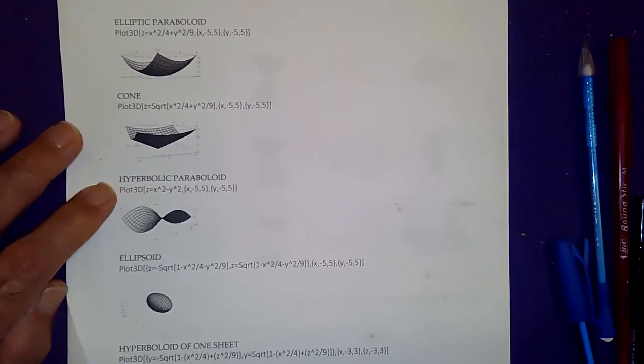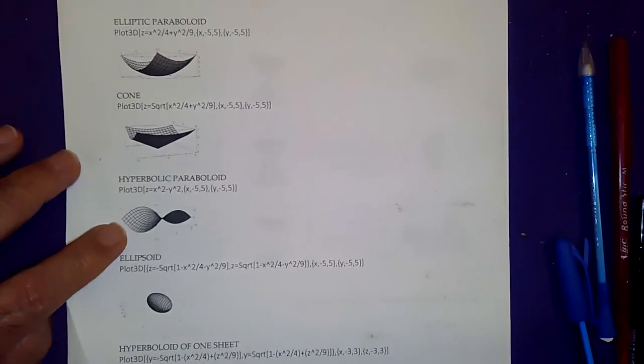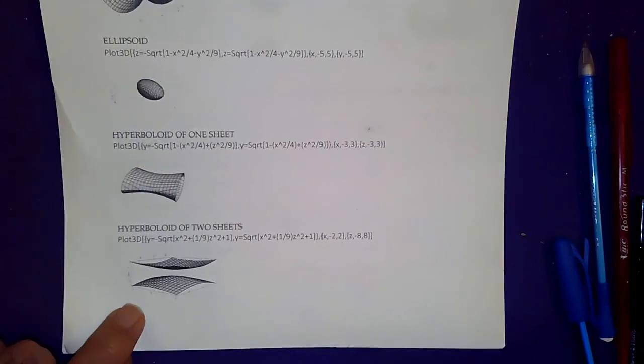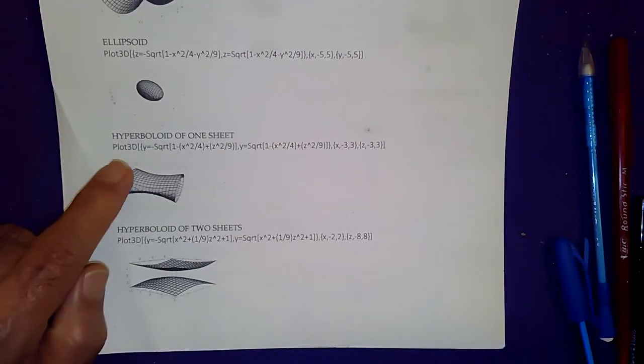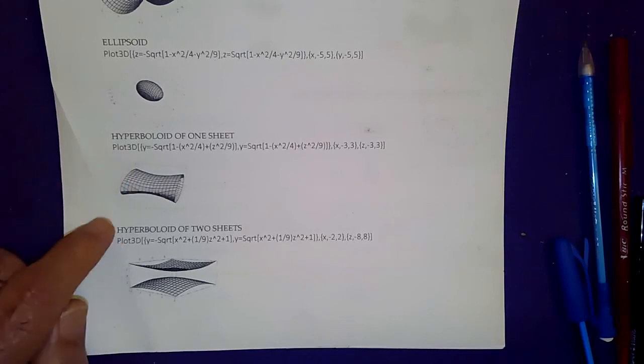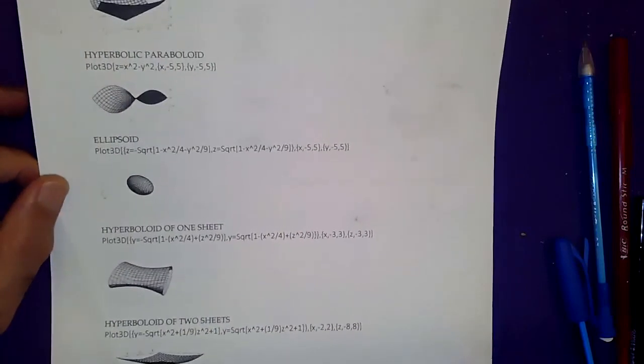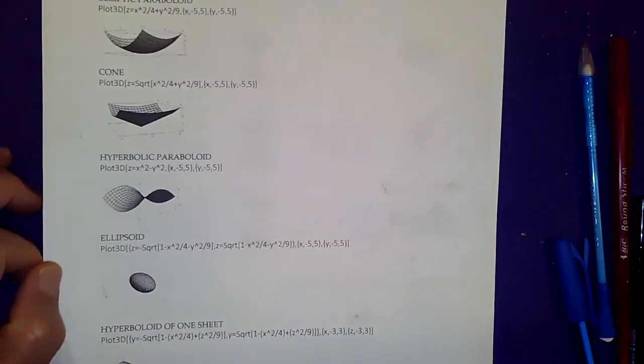Here is the hyperbolic paraboloid, which is like a saddle. Here is the ellipsoid, which is like a football. Hyperboloid of one sheet and hyperboloid of two sheets. So I input the commands, and this is how the program came up with these pictures. Thank you.